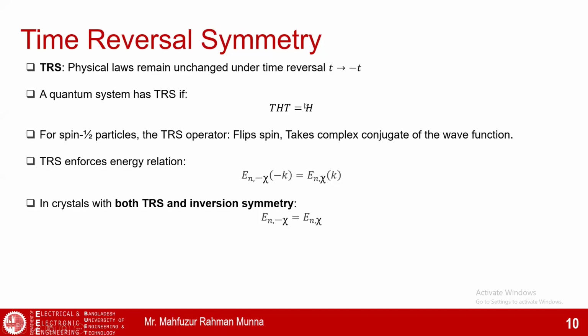The consequence of time reversal symmetry on band structure is that the energy of the down spin electron at -k is equal to that of the up spin electron at k. In crystals, if both time reversal and inversion symmetry persist, then the band becomes doubly degenerate. So, for Bismuth 111, both time reversal and inversion symmetry exist. As a result, the bands are doubly degenerate.